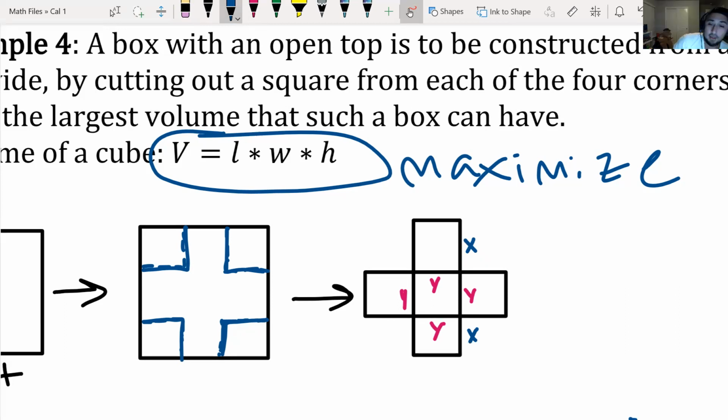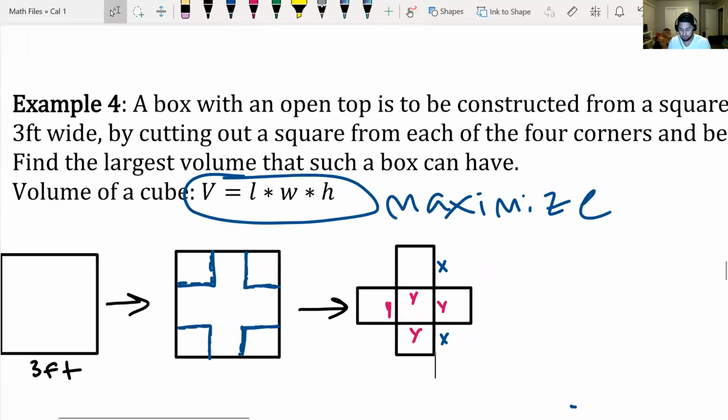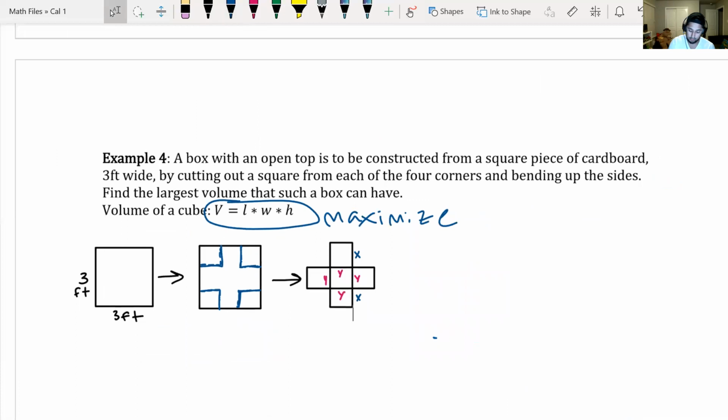Okay. So our goal is to maximize volume. What we did is cut 4 corners out and we're going to bend up the sides. So this means I need one more diagram.